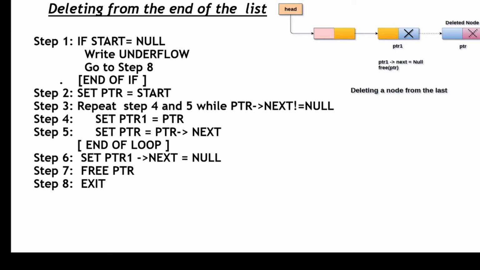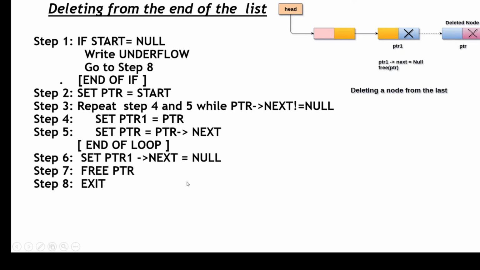Here pointer 1 is a second pointer variable that points to the second last node of the list. In step 6, we can say that set pointer 1 next equals null.